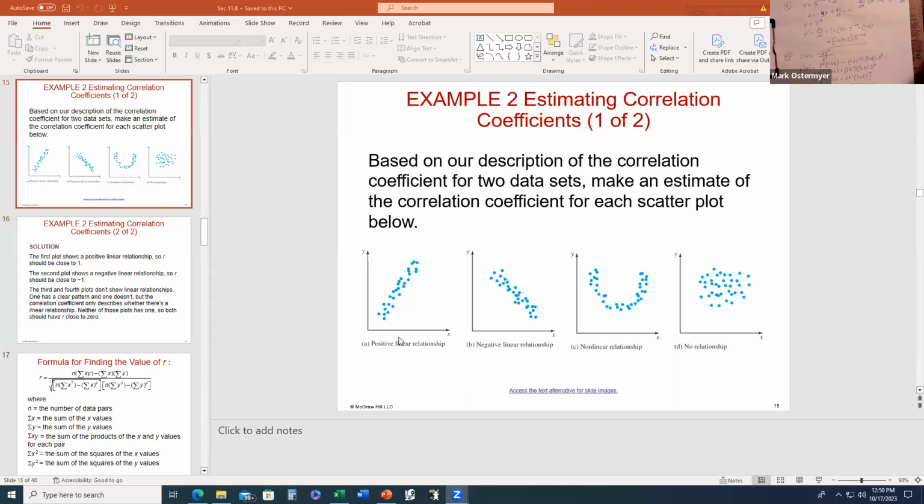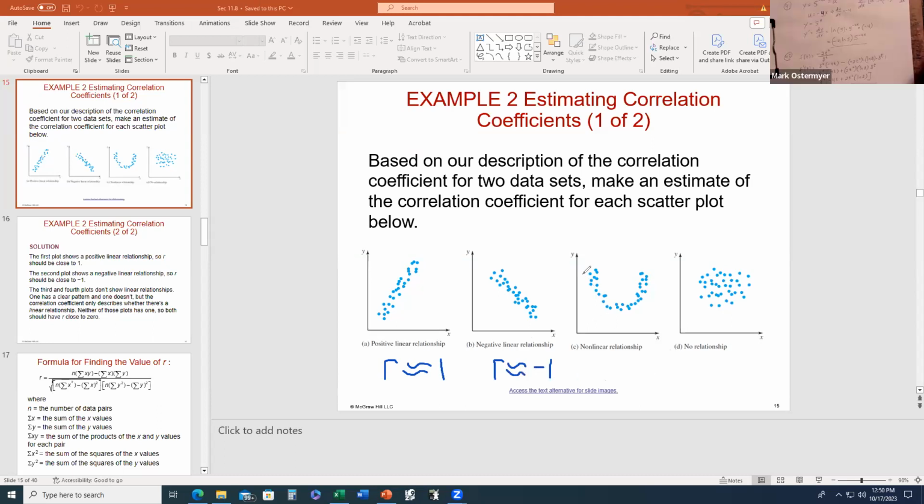So we would expect the correlation coefficient for the first diagram to be very close to what number? Because we have a strong direct correlation, we would expect R to be very close to positive 1. And for the second scatter plot, we would expect R, the correlation coefficient, to be very close to -1.